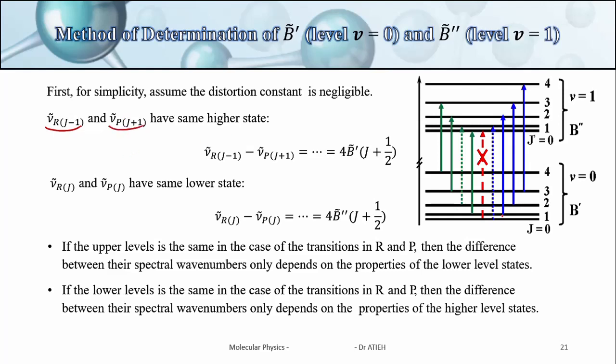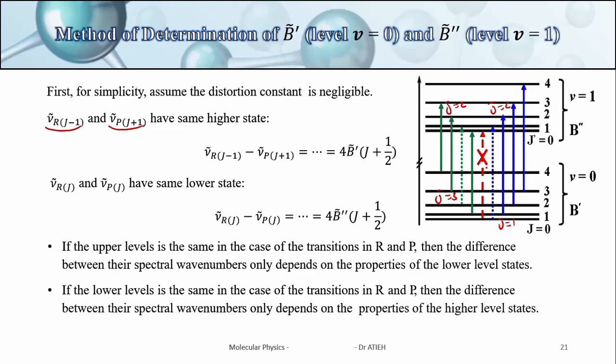Let's take here an example. This line here starts from j equals 1 and ends up with j equals 2, and this line here starts from j equals 3 and ends up with j equals 2. So this comes from 1 to 2, this comes from 3 to 2. They have the same higher state.